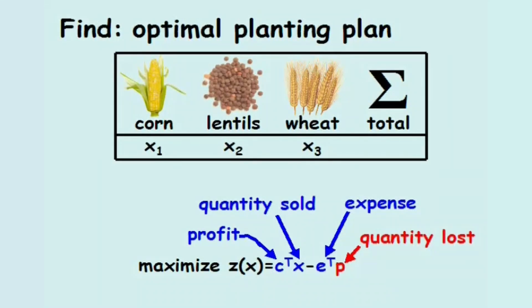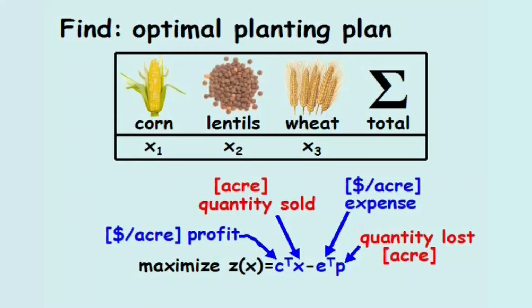The profit and expense are in units of dollars per acre, and the crop quantities are in units of acres.